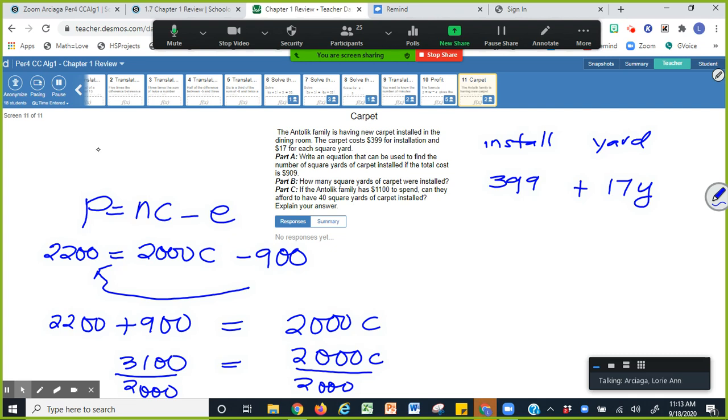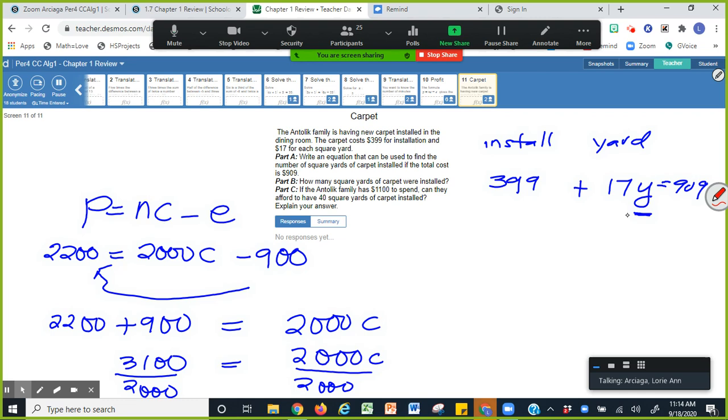So write an equation that can be used to find the number of square yards of carpet installed if the cost is $909. Oh, so let's say you paid $909. You're gonna figure out how many square yards you paid for, or how much of your floor was covered, right? So what are we gonna do with that?